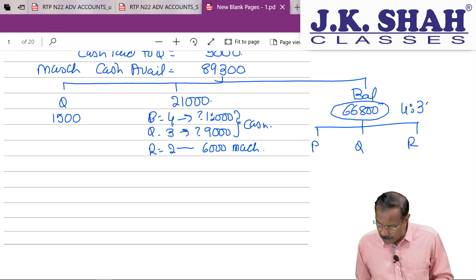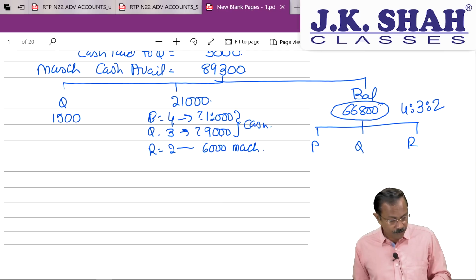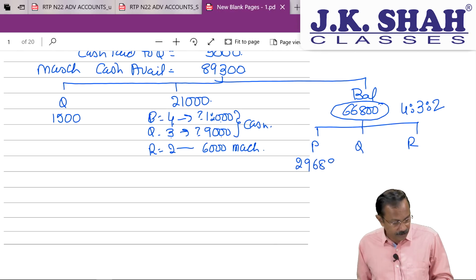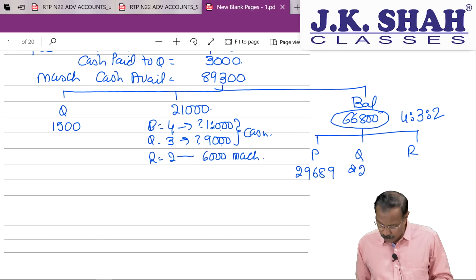In their PSR. 4 is to 3 is to 2. So P gets 29,689, Q gets 22,667 and R gets 14,844.